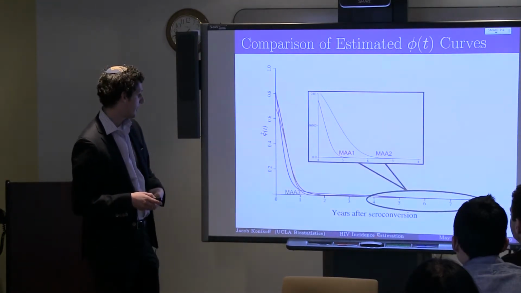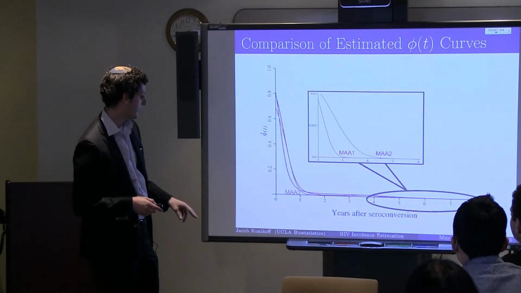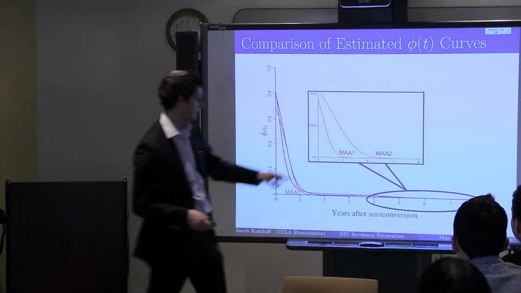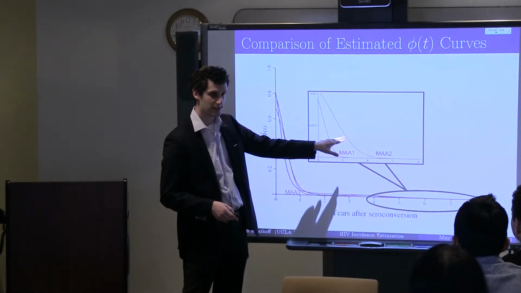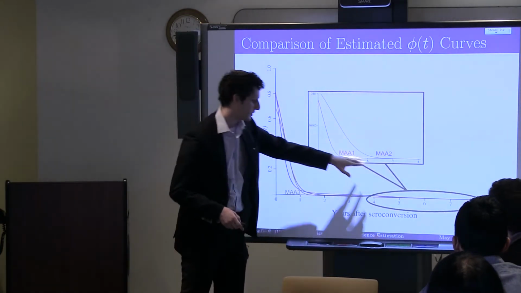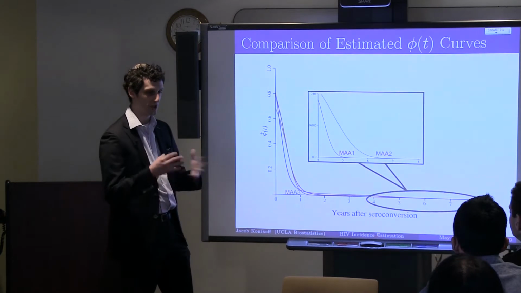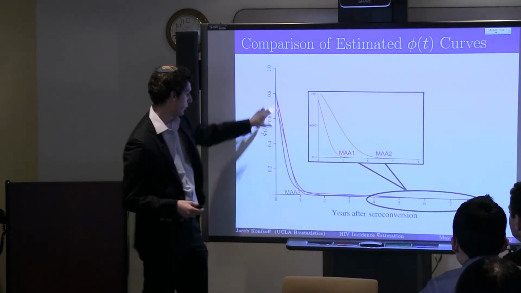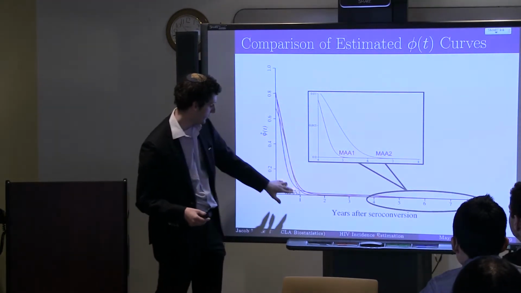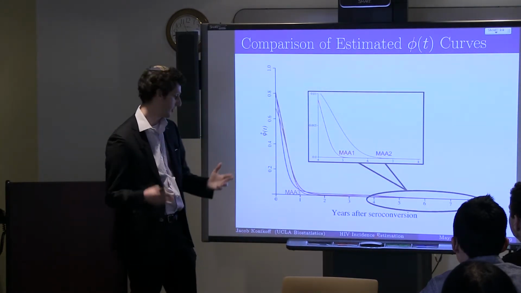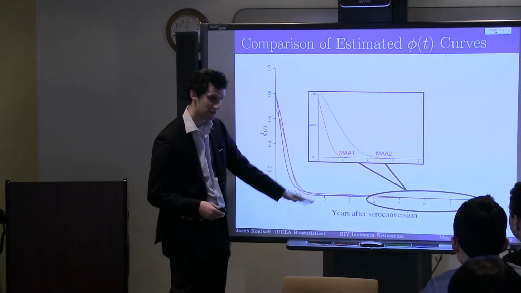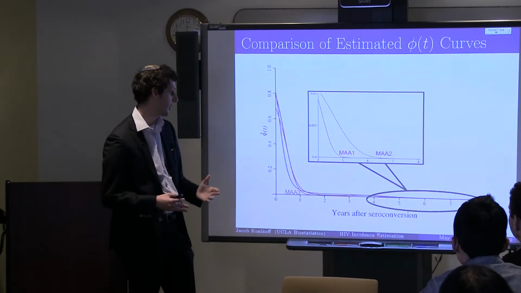So comparing the phi curves for these, you can see that the one that just uses the 2 assays, MAA2, has the longest time to get down to really start excluding all noticeable people because you're not using all 4 assays. The low bias one is this orangish one. That's the one that we're excluding people really early on. You can see it gets down to 0 very quickly, which is the behavior we want.